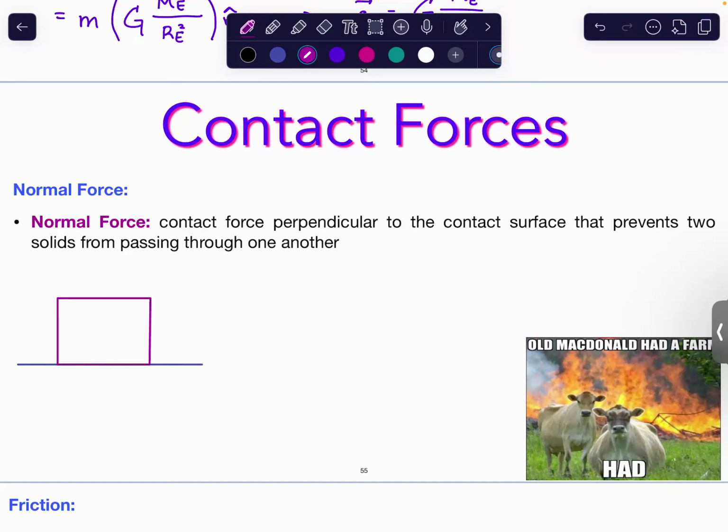So we just have a mass sitting on a table, and there's the center of mass. We know there's going to be a gravitational force, or weight. But the object's not moving, so the object contacts the table, but it doesn't continue to fall through.